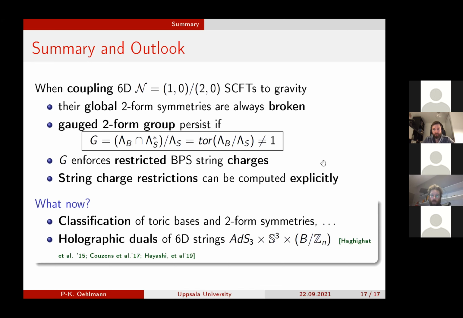You can, for example, already compute in 5D, in M-theory on a Calabi-Yau, the symmetry. Well, in 5D it would not be a two-form symmetry, but a one-form symmetry. You can compute the global one-form symmetry from the local geometry. Absolutely.